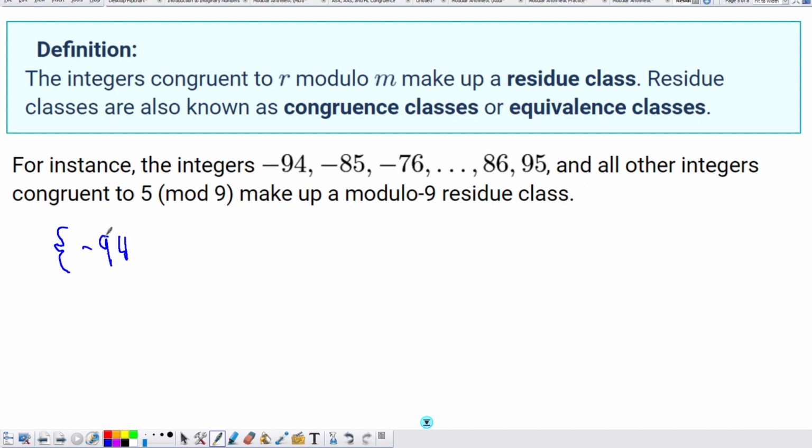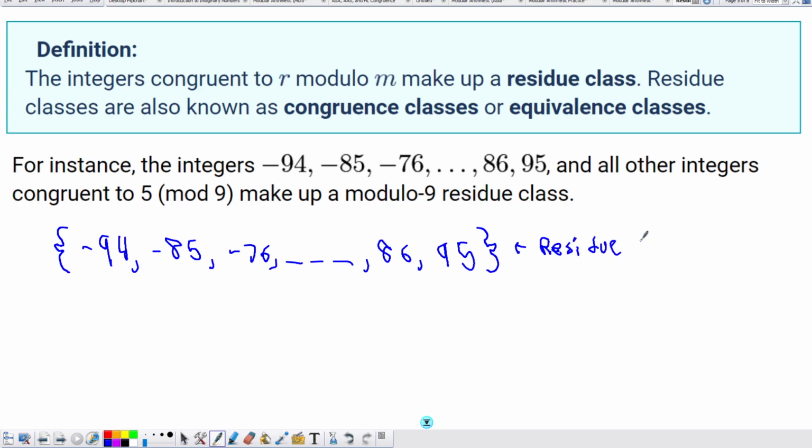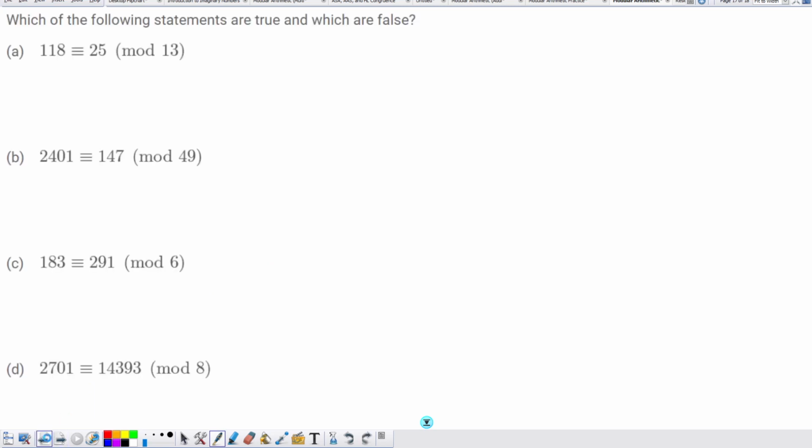If we want to limit it to between negative 100 and positive 100, we could write it out like a set of these values, to 86 to 95. This set is a residue class.